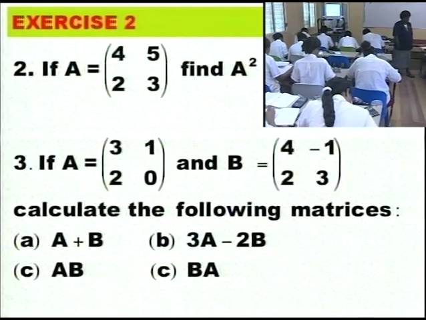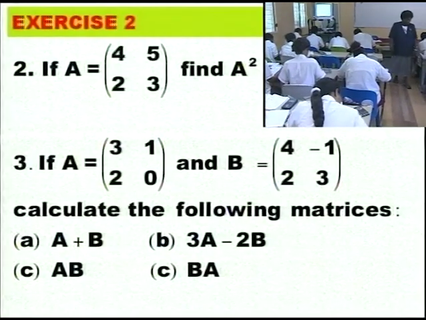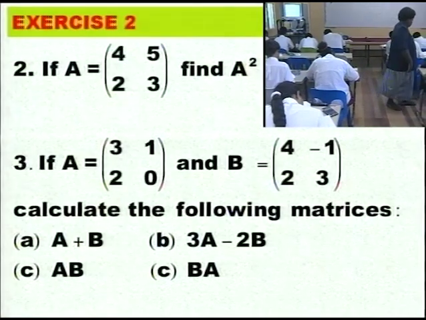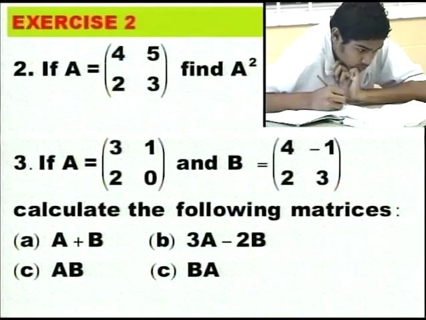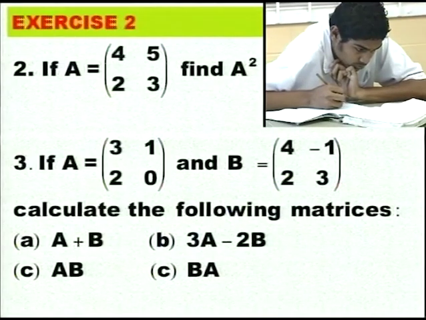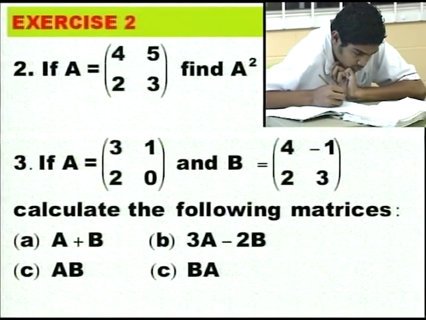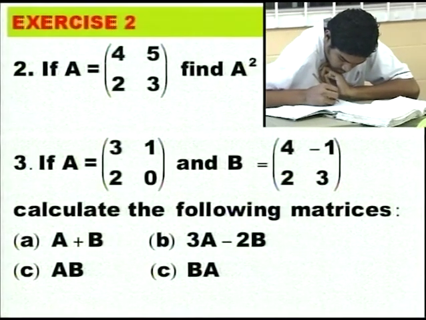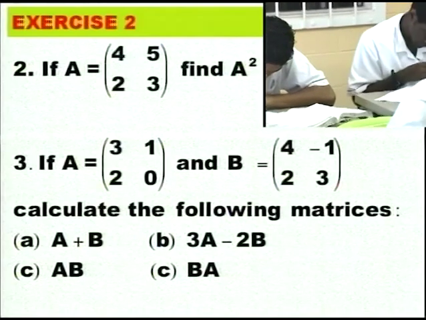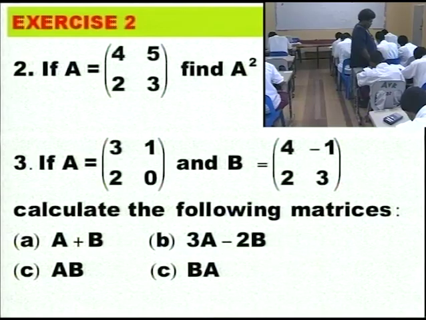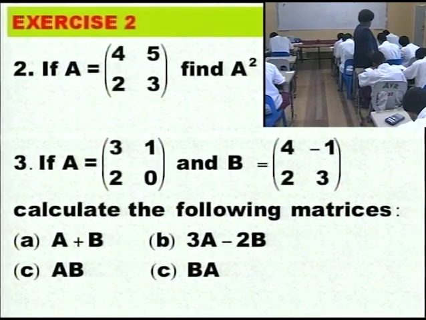Is it 18 or 14? 12. 4 times 12. 16 plus 12 is 20. It is 14 and 26. 4 times 4, and then 3 times 4.